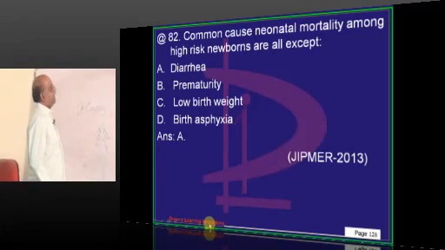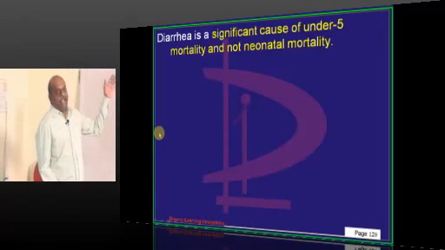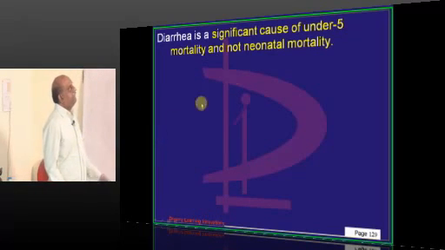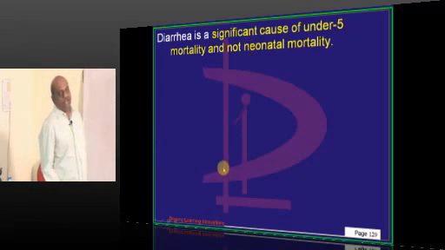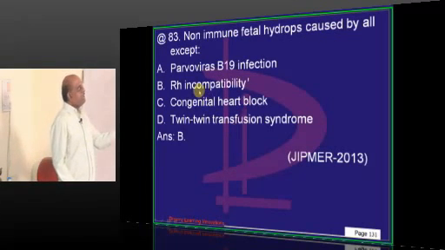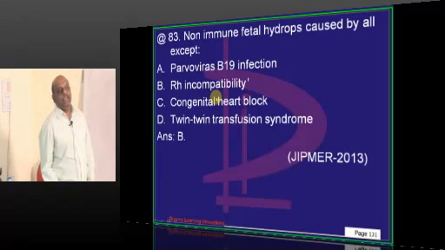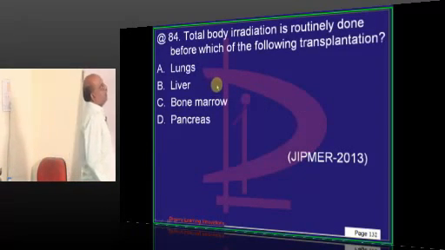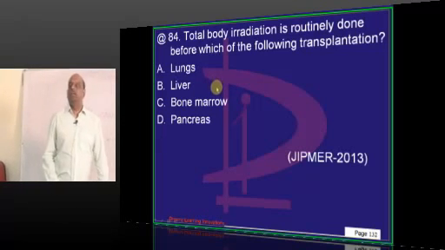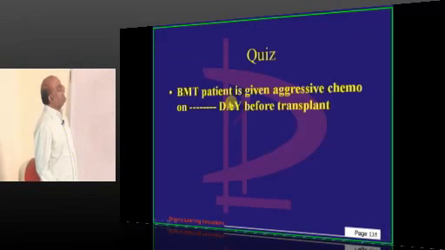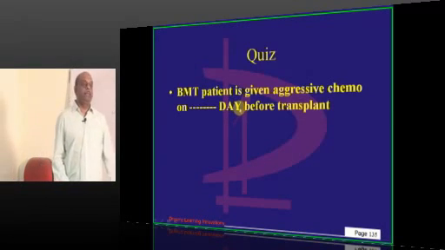Typically for high risk newborns, diarrhea is a cause, typically not in the neonatal period, but under 5 mortality is what needs to be remembered. Non-immune is not RH incompatibility. RH incompatibility is an immune hydrops fetalis. Total body irradiation typically is used for bone marrow transplantation, is what needs to be remembered.